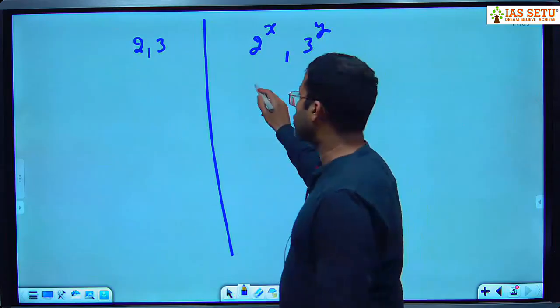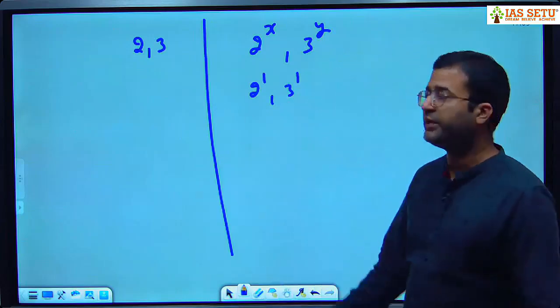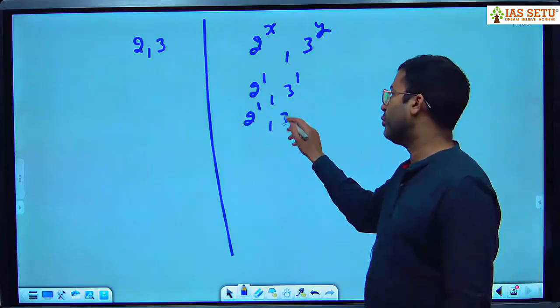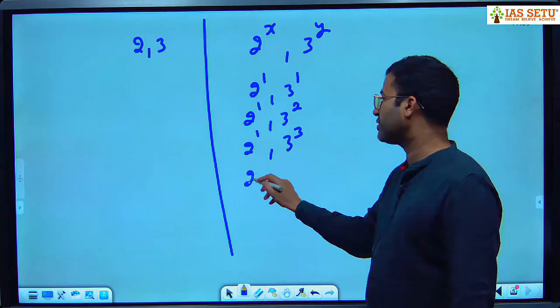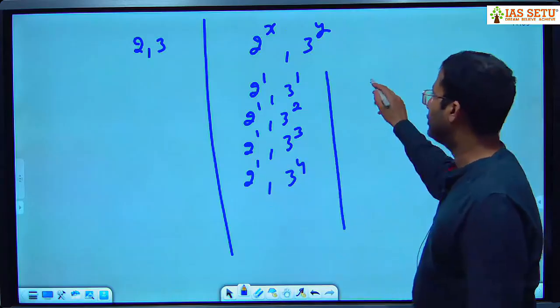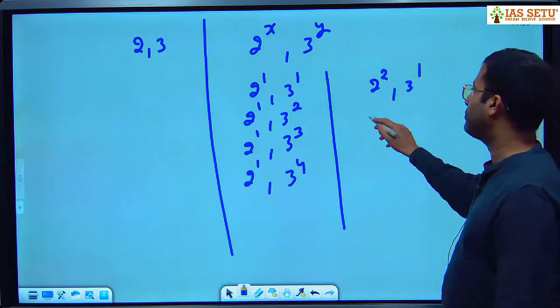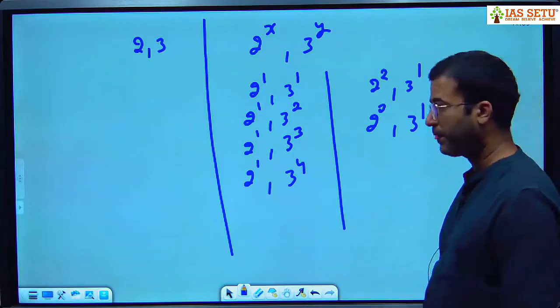So it means 2 to the power 1 is co-prime to 3 to the power 1. Power can be same, can be different. 2 to the power 1 co-prime to 3 to the power 2, 3 to the power 3, 3 to the power 4. Or similarly, 2 to the power 2 co-prime to 3 to the power 1, 2 to the power 3 co-prime to 3 to the power 1 and so on.